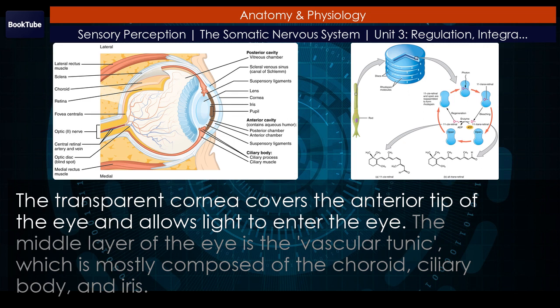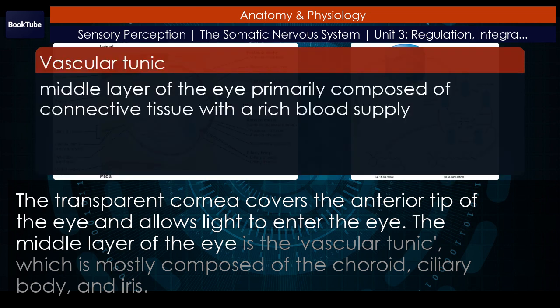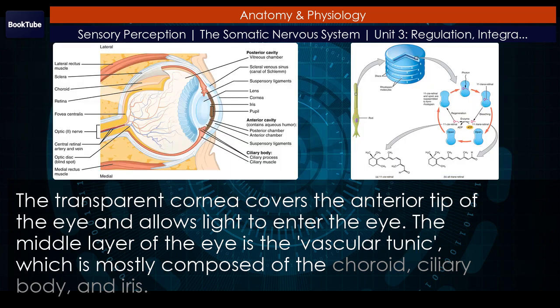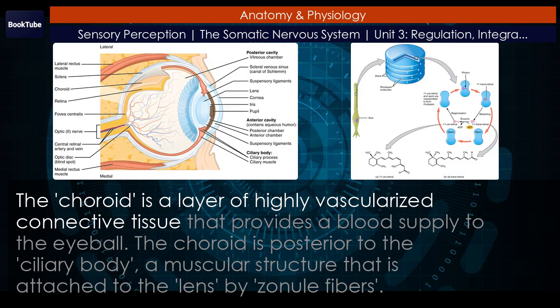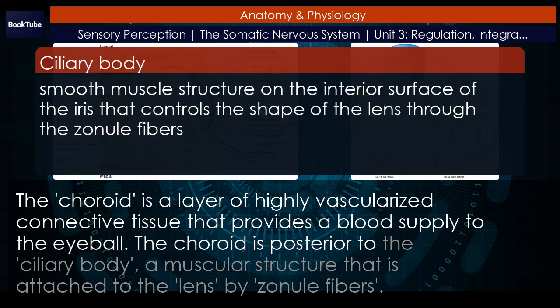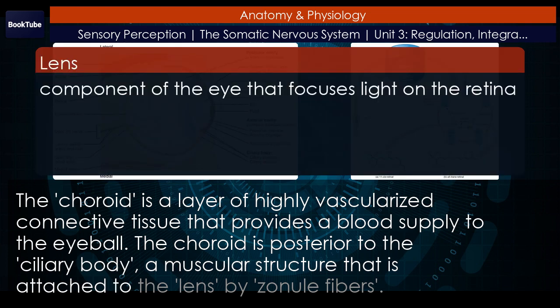The middle layer of the eye is the vascular tunic, which is mostly composed of the choroid, ciliary body, and iris. The choroid is a layer of highly vascularized connective tissue that provides a blood supply to the eyeball. The choroid is posterior to the ciliary body, a muscular structure that is attached to the lens by zonule fibers.